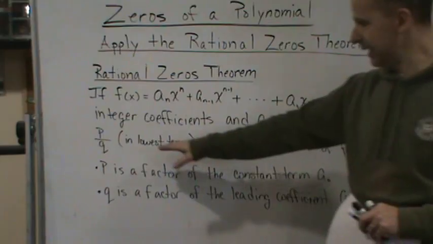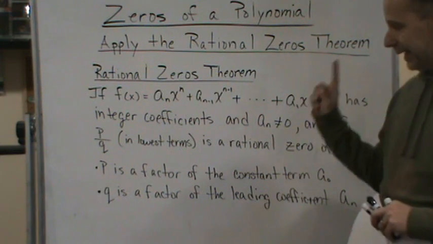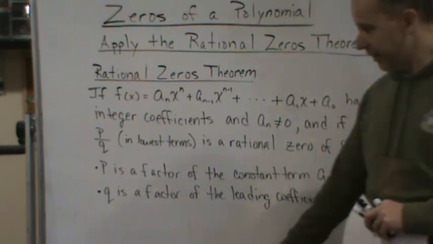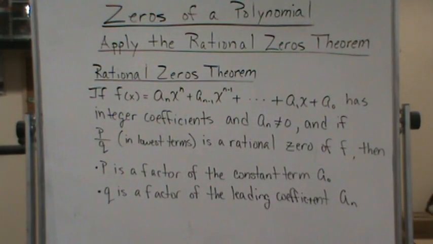So if p divided by q is a rational zero of the polynomial f, then we can know that p is a factor of the constant term a sub 0, q is a factor of the leading coefficient a sub n.